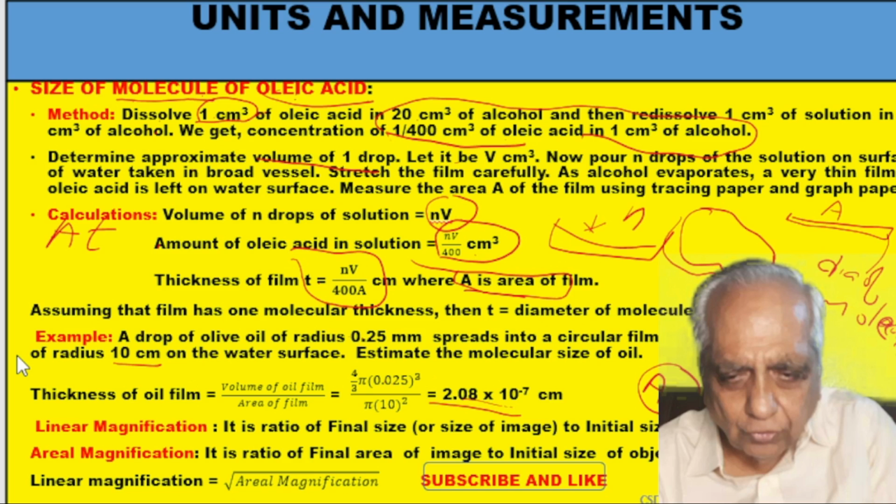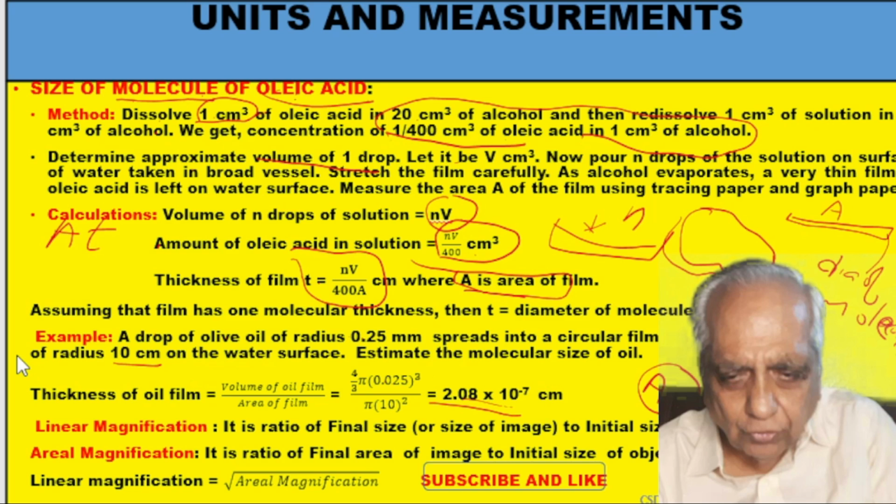Is it all right? Now we will go to a very small topic called magnification. You have learned this word magnification in your 10th standard also: final image upon initial image. If I say final size upon initial size, that is called linear magnification. If this is a small rectangle and I magnify it, both length and breadth are increased. This is area A1, this is area A2.